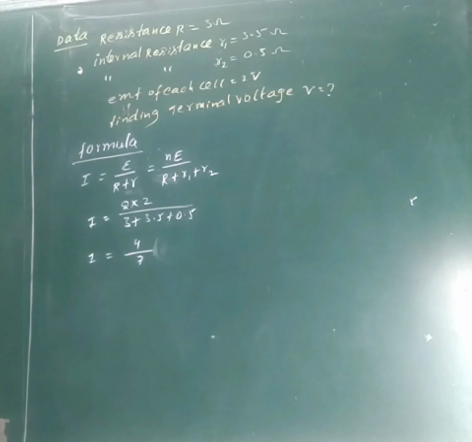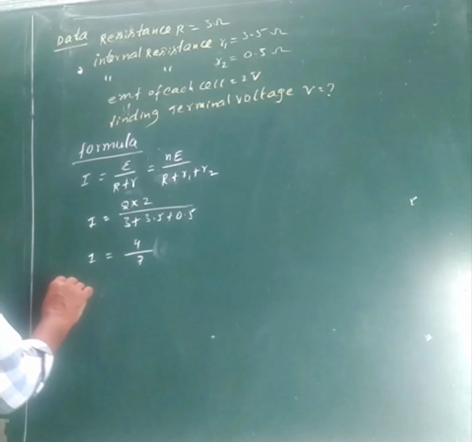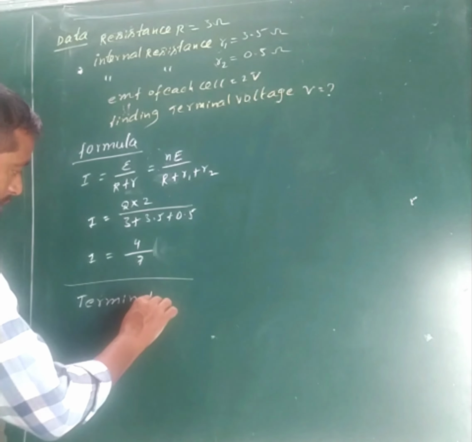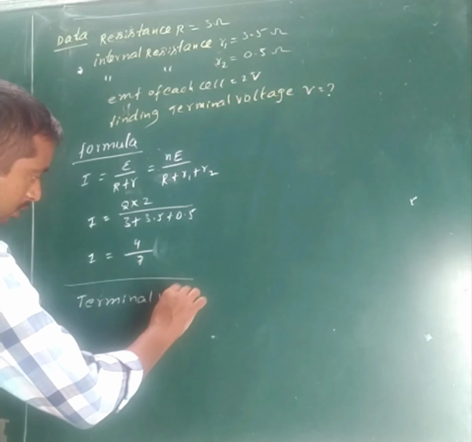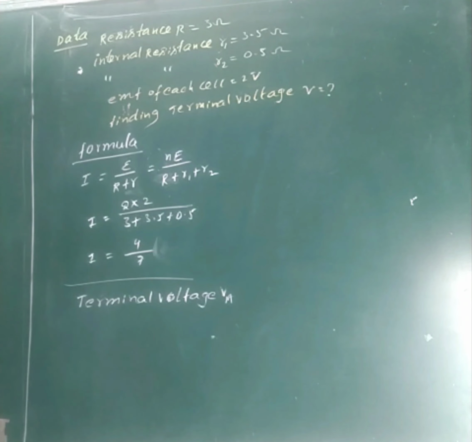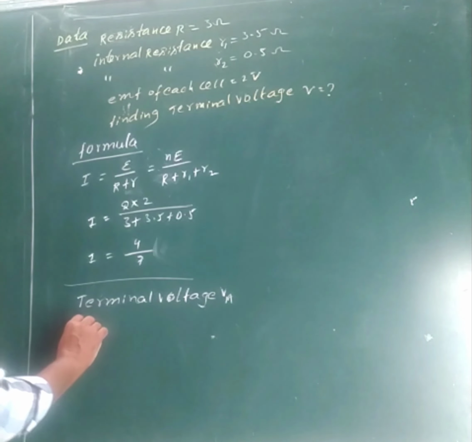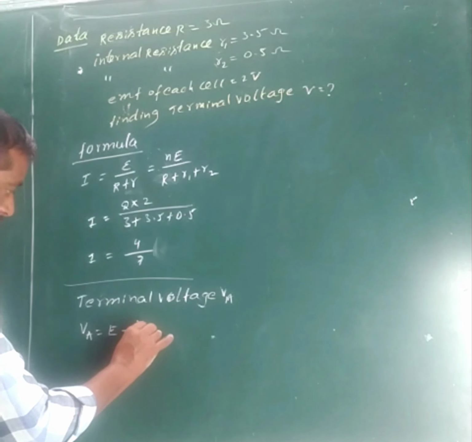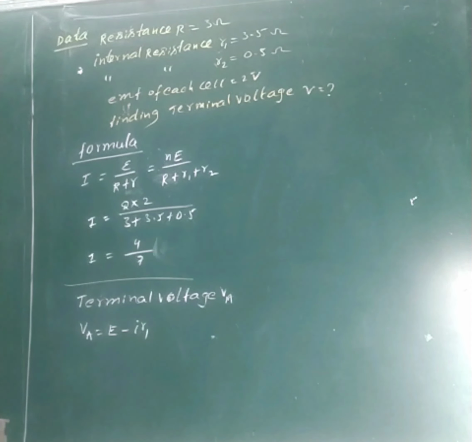Now we find the terminal voltage across VA. Terminal voltage means we consider the discharging of a cell. Formula: VA is equivalent to E minus I r1.